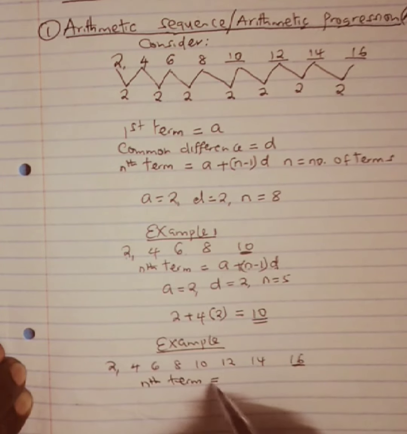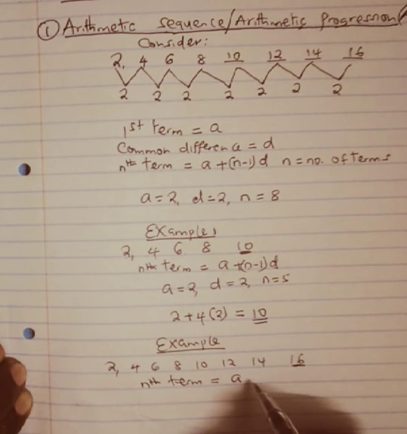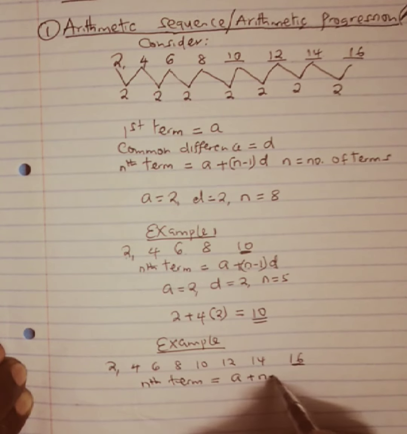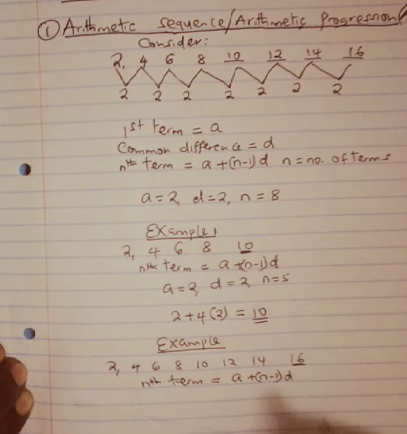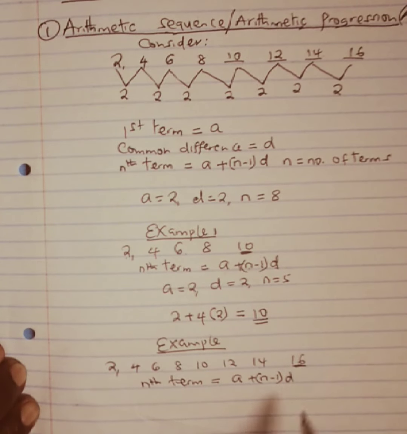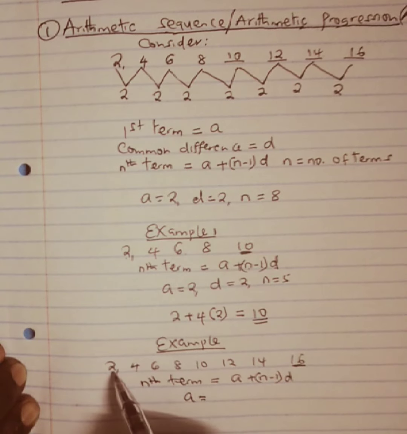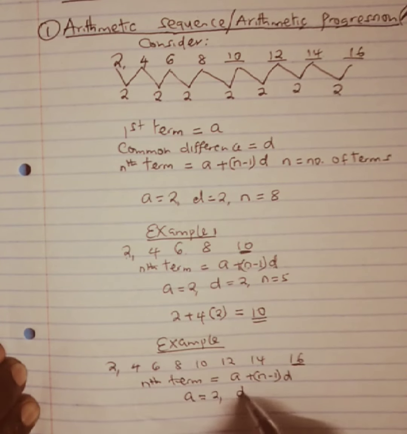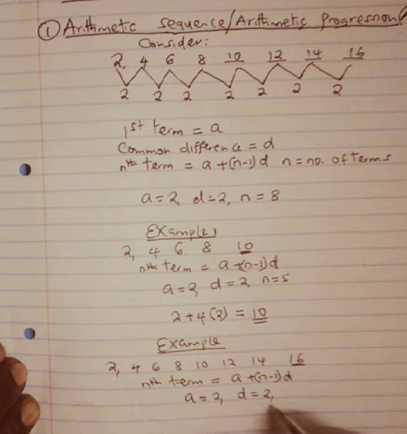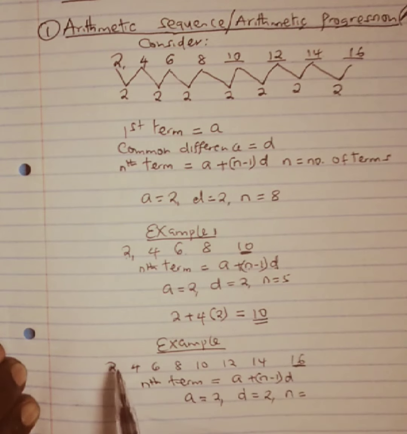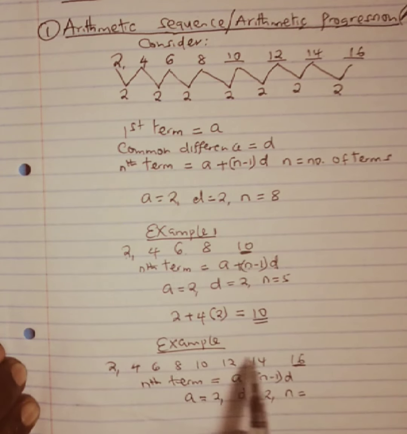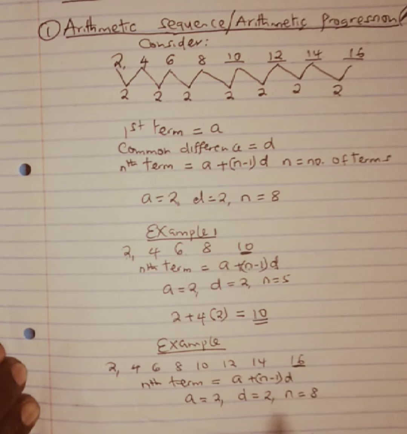For us to get the nth term, the formula is A plus n minus 1 into D. If we get the values of A, which is the first term, the common difference is of course 2, and n will be 1, 2, 3, 4, 5, 6, 7, 8. Our n is 8.